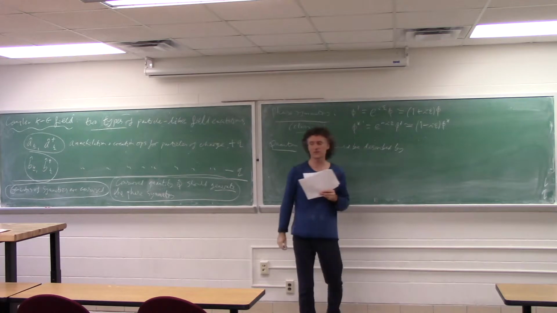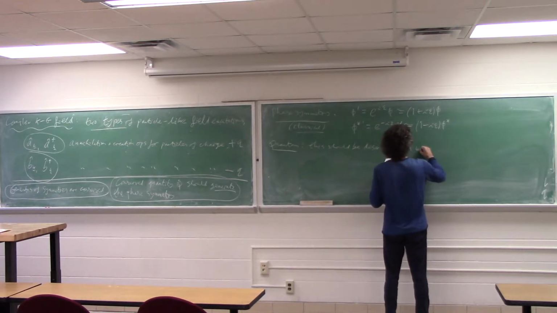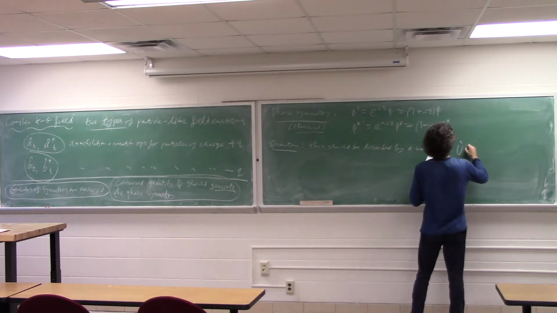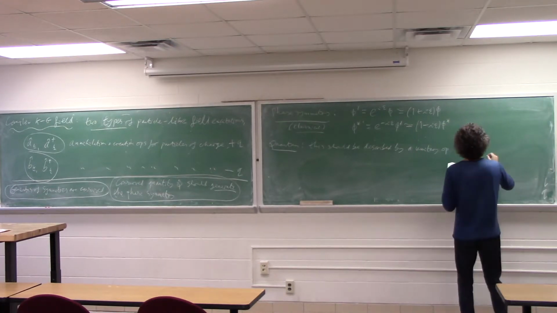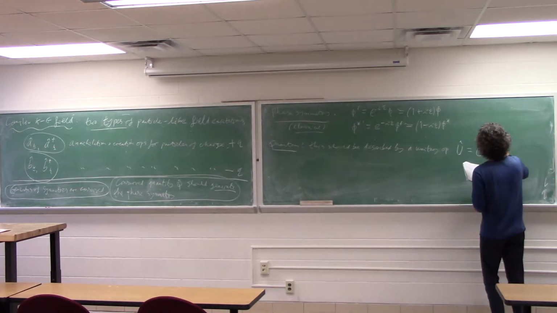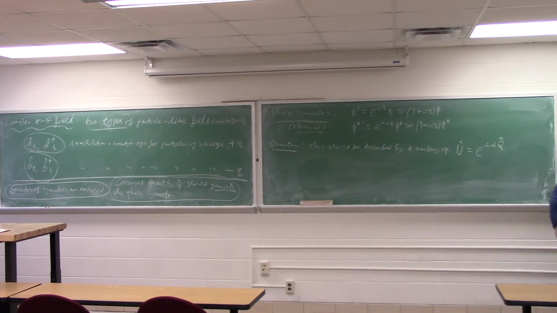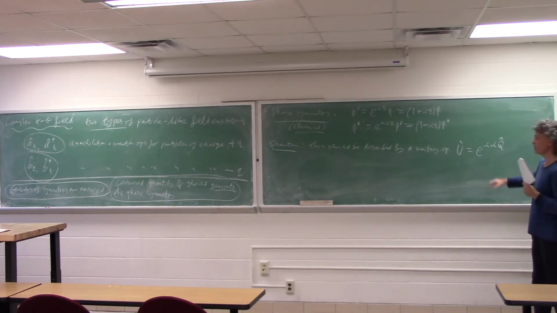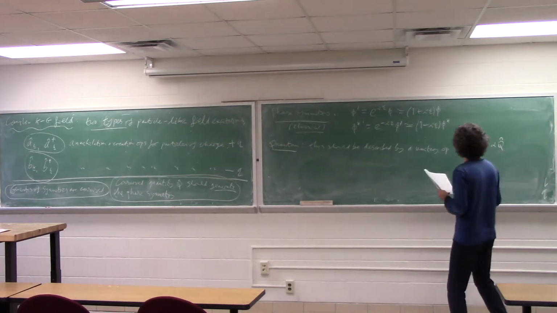Remember, symmetries at the quantum level are described by a unitary operator, U, which here should be e to the I, let's just write some parameter alpha, times Q. All right, the phase symmetry at the quantum level should be described by a unitary operator, which is e to the I times a constant times our charge operator.